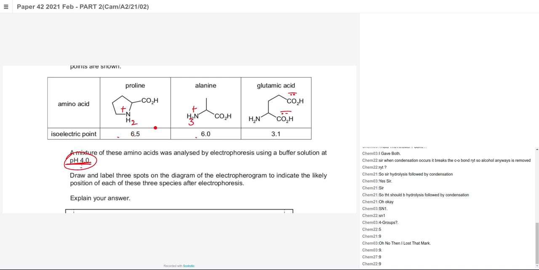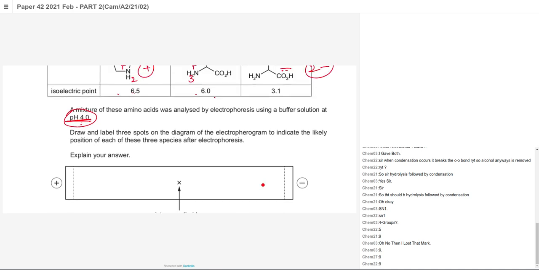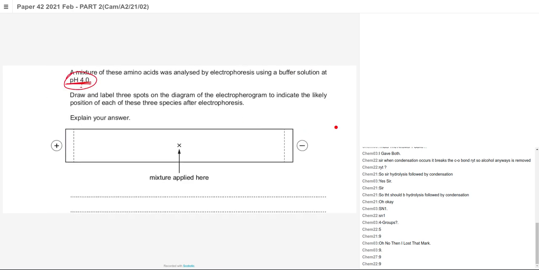That means this solution is acting as an acid. Therefore, NH2 gets protonated. If the pH is greater than the isoelectric point, this solution is considered to be basic. That means it will deprotonate, I mean, remove H plus. So you have positive charge, 2 minus charge. Now it's easy for you to understand the positions. 2 minus meaning, let's analyze the minus one first.